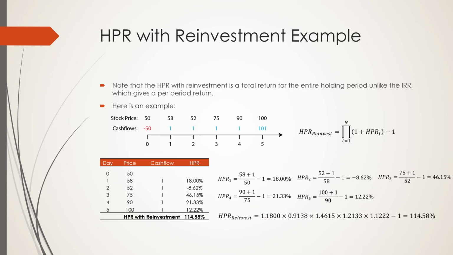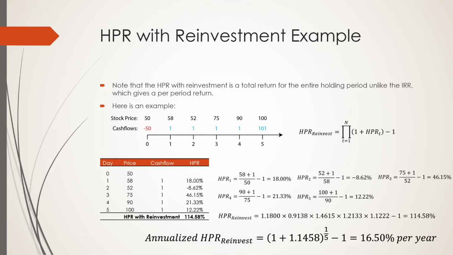So you would need to take that HPR with reinvestment and annualize it in order to compare it to the IRR. And if you did that, it would simply be 2.11458 to the 1/5 power minus 1, and you would get 16.5%. So a little bit higher than the IRR.